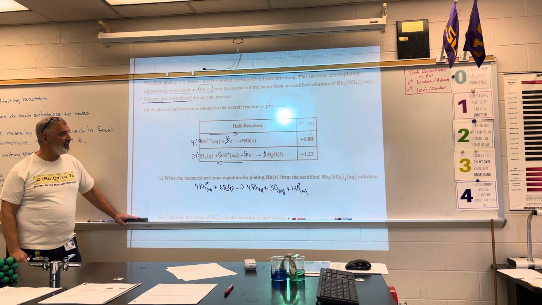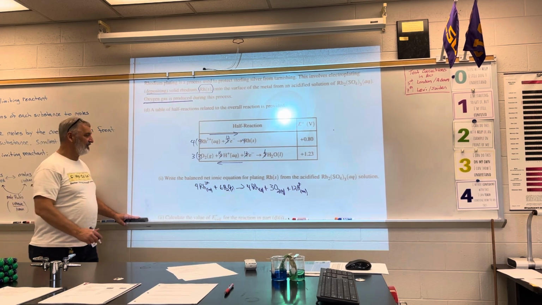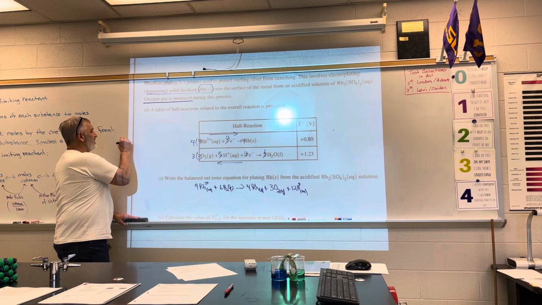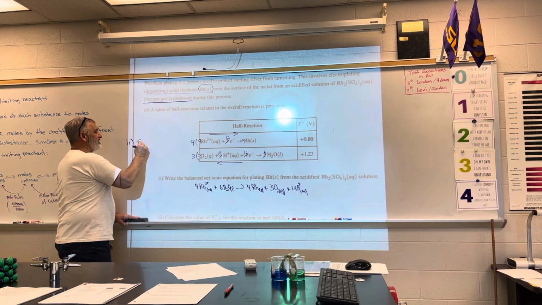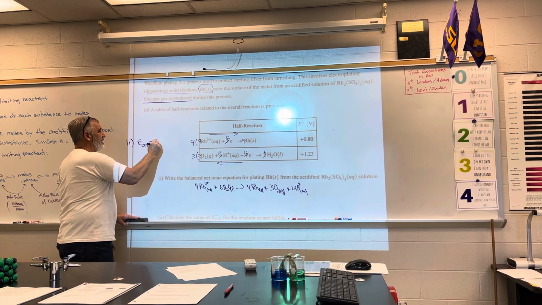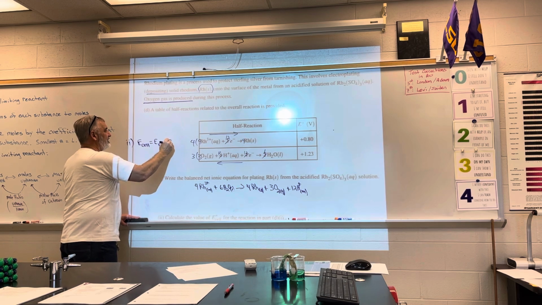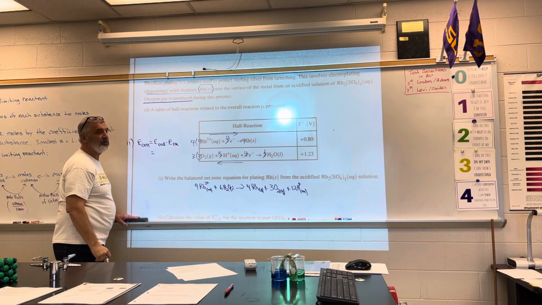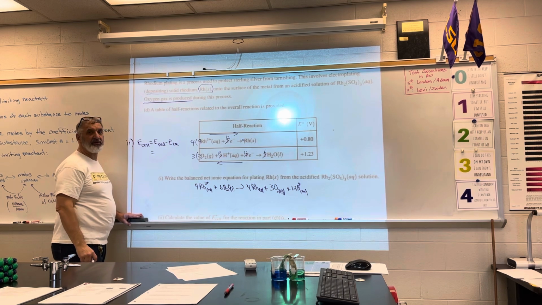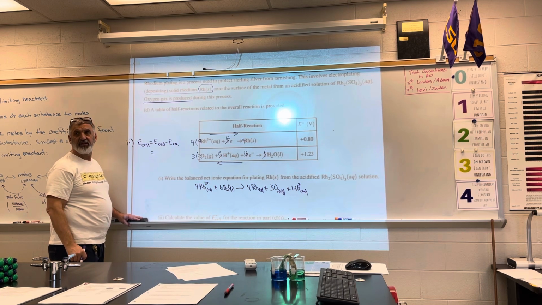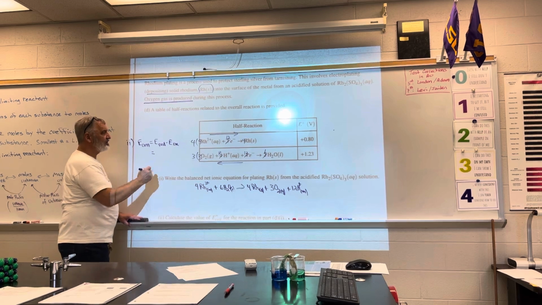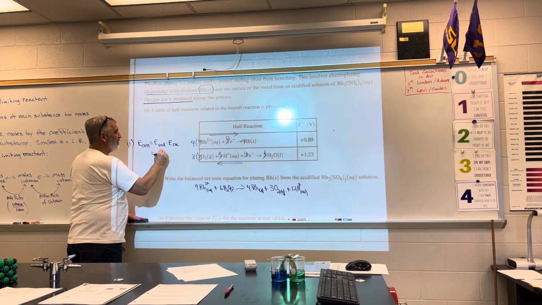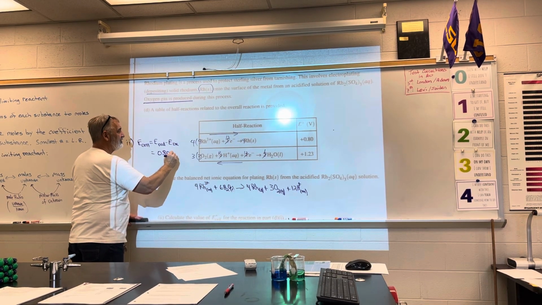Then calculate the value of E cell. Well, E cell is always going to be E red minus E ox. So what thing is being reduced? The top equation is being reduced, and the bottom equation is being oxidized. The top one, even though it's the smaller, so it's going to end up being 0.8 minus 1.23.